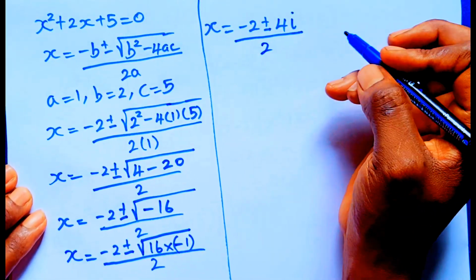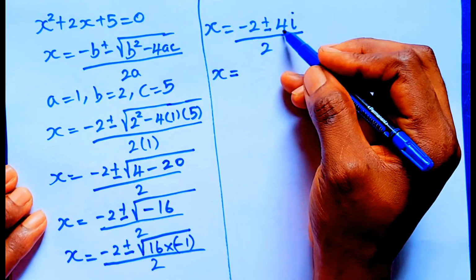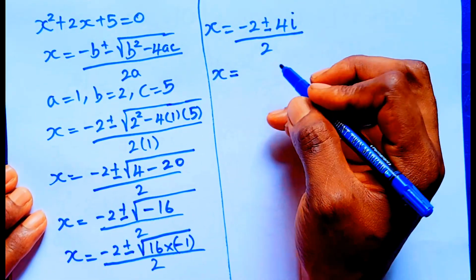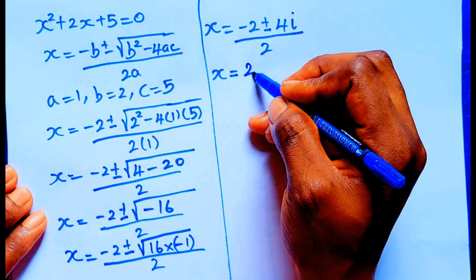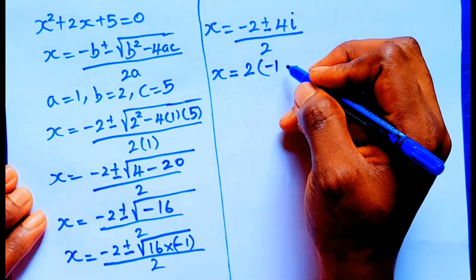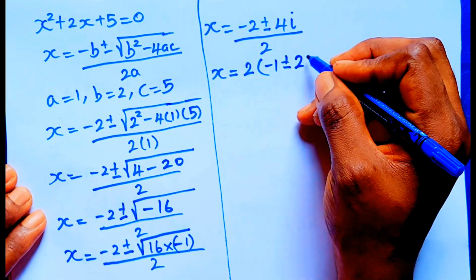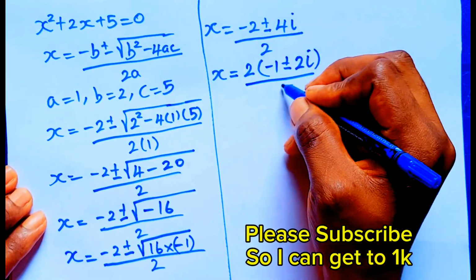Then divide by 2. Now from here we can write x to be equal to, now between this minus 2 and 4i, we have a common factor, which is positive 2. So we have 2, open parenthesis, minus 2 divided by 2 equals minus 1, plus or minus 4i divided by 2 will give us 2i. Okay, then divide by 2.